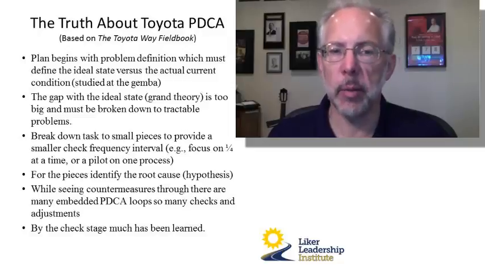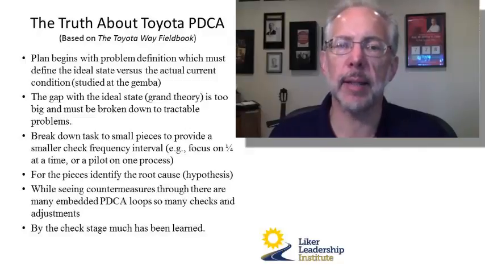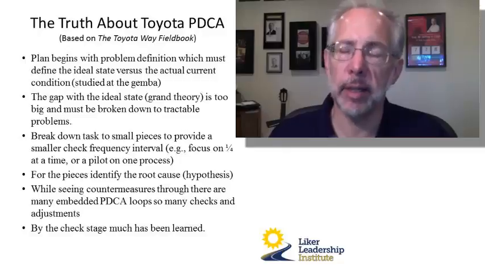And with each of those experiments we run, we're doing PDCA. We're discovering which ones work and which ones don't work. So we're actually studying, analyzing, and learning as we're in the do stage.